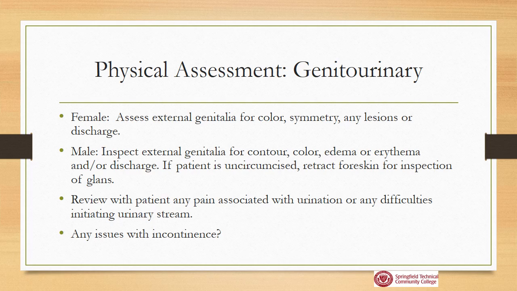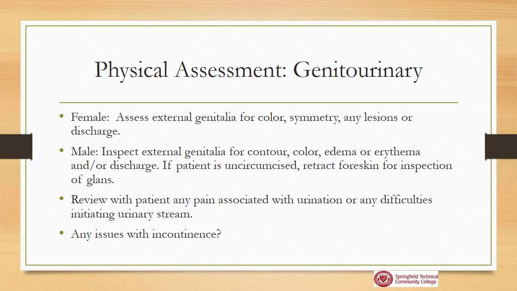If the patient is uncircumcised, you're going to gently retract the foreskin for inspection of the glands. And if your patient is uncircumcised, you will make sure that you pull the foreskin back down where it belongs after you inspect and clean the area. This is very important for patients who are uncircumcised because there can be significant problems with the glands if the foreskin is left retracted.